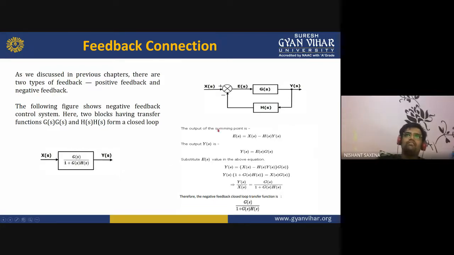For example, if I would like to shift this summation block towards this side for the ease of simplicity of the reduction, or if I want to shift this takeoff point back towards the input side for the ease of reducing the block diagrams, then how is it done?